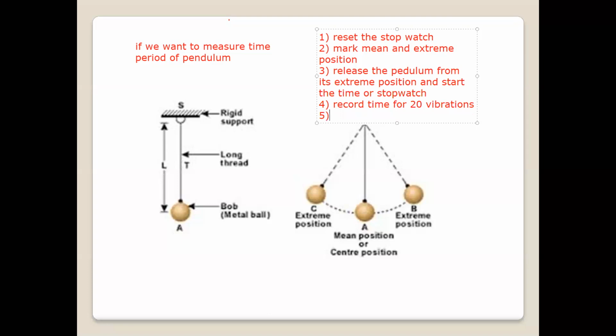Then the time period. How to find the time period, or time for one vibration? It is equal to the total time divided by the number of vibrations.